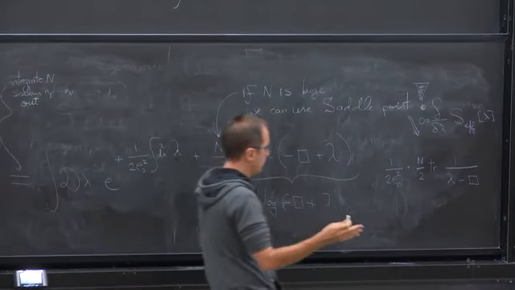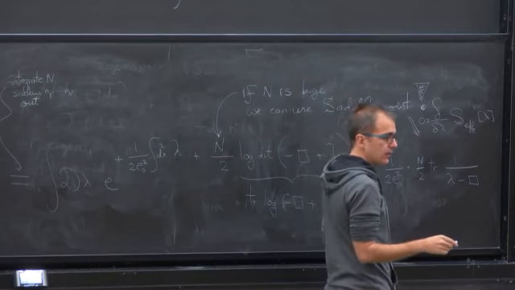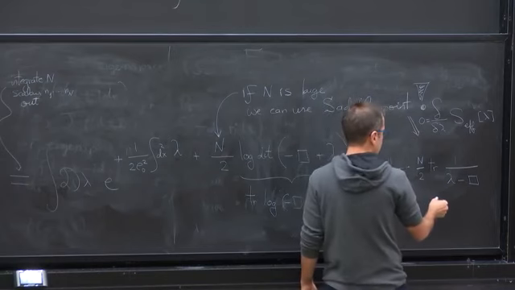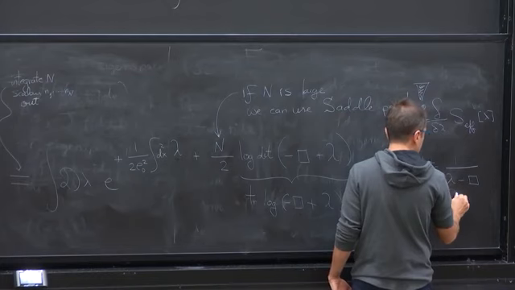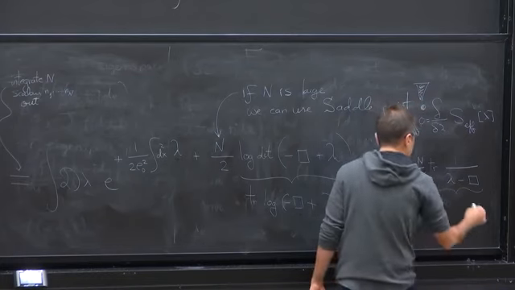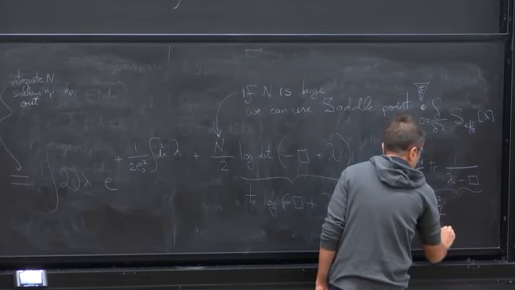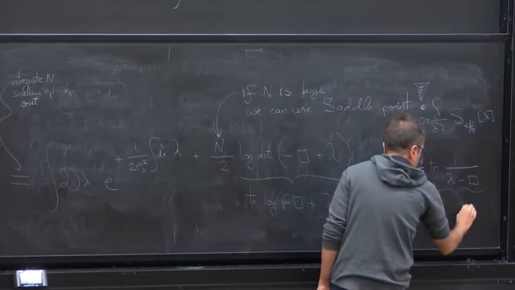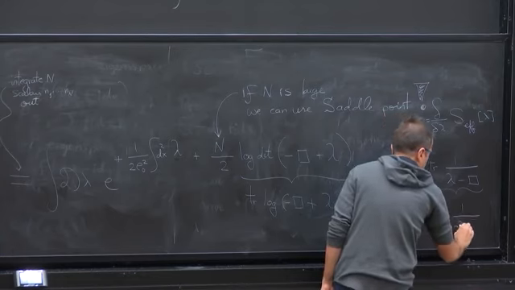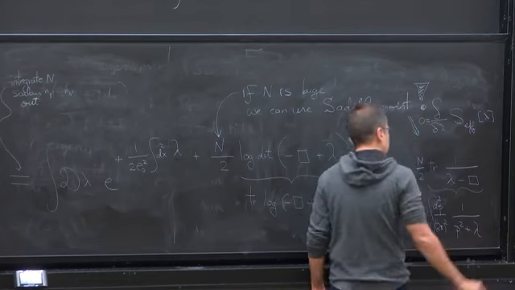And as Ami pointed out, a very good way of dealing with this object is going to Fourier space, where this trace is nothing but the integral d^2p over (2 pi)^2 of 1 over p squared plus lambda.